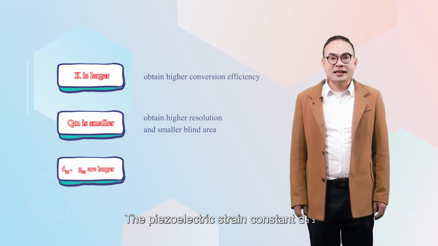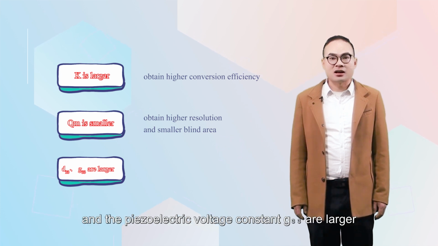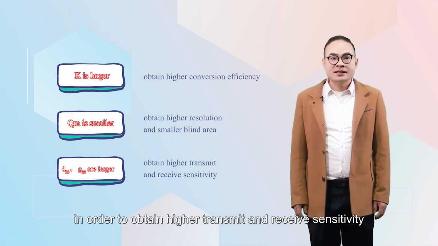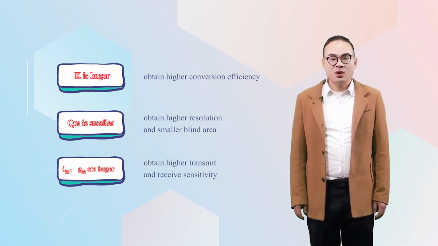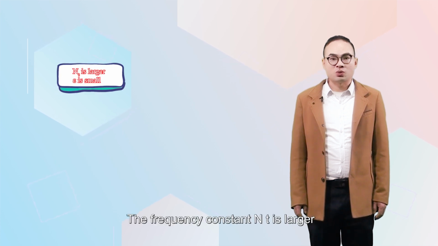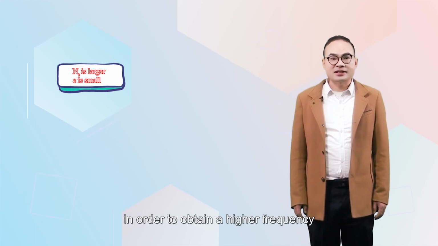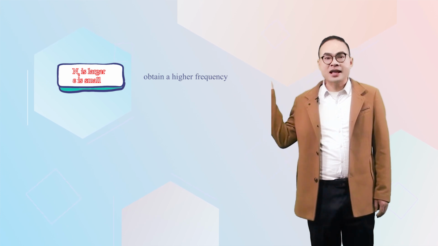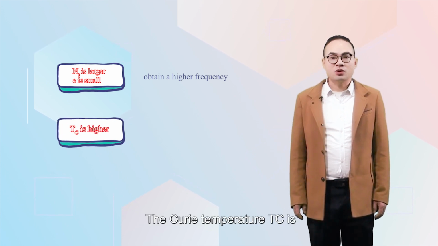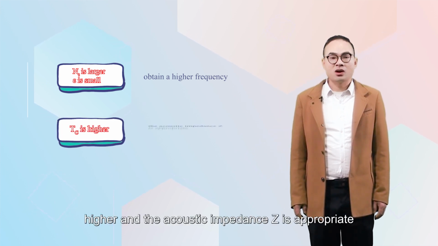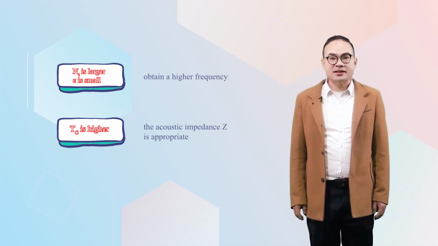The piezoelectric strain constant d33 and the piezoelectric voltage constant g33 are larger, in order to obtain higher transmit and receive sensitivity. 4. The frequency constant Nt is larger and the dielectric constant is smaller, in order to obtain high frequency. 5. The Curie temperature Tc is higher and the acoustic impedance Z is appropriate.